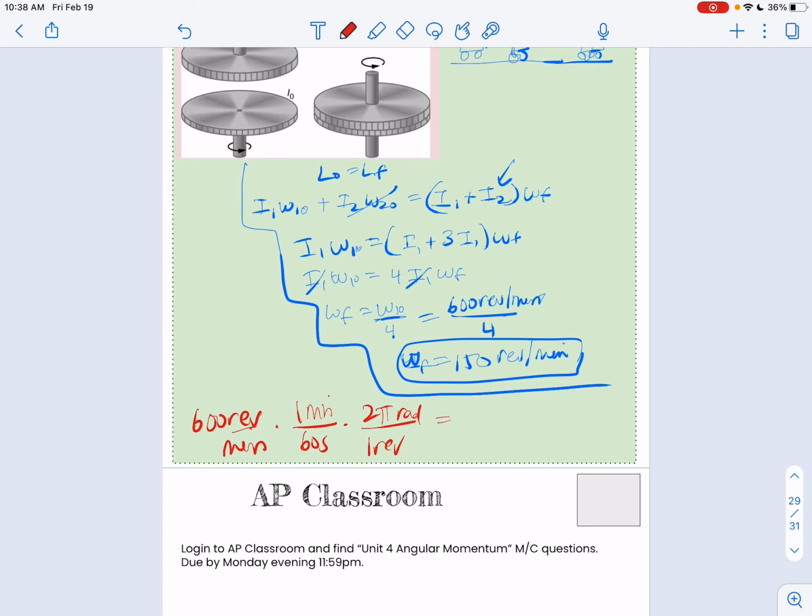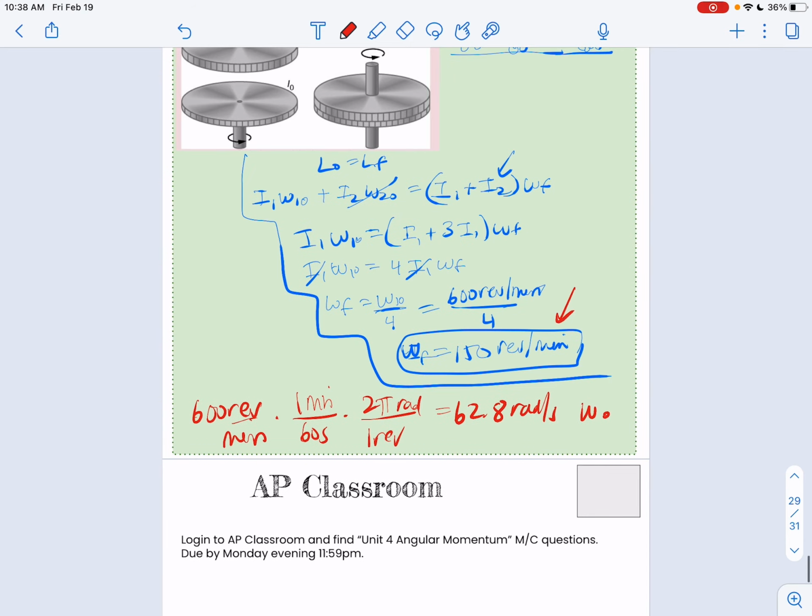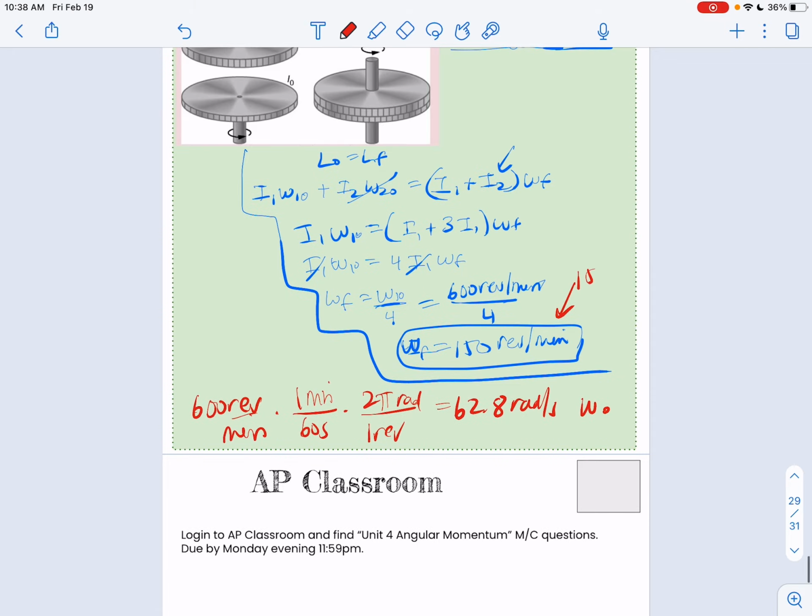So 10 times 2 times pi, 62.8 radians per second was the initial. And then the final would be 150 divided by 60 times 2 times pi, 15.7, or a quarter of that, radians per second.